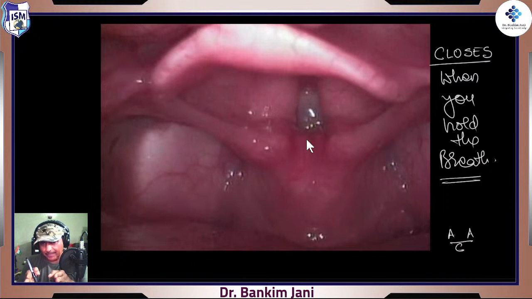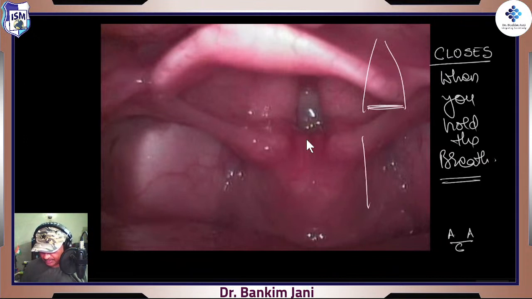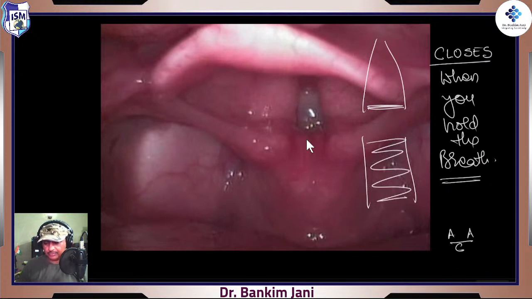But the actual full opening has so many things. The vocal opening could be like this, where only the posterior portion widens, or like this, where the whole of it widens. This is just to create all various types of sound. We'll see how all these shapes matter.